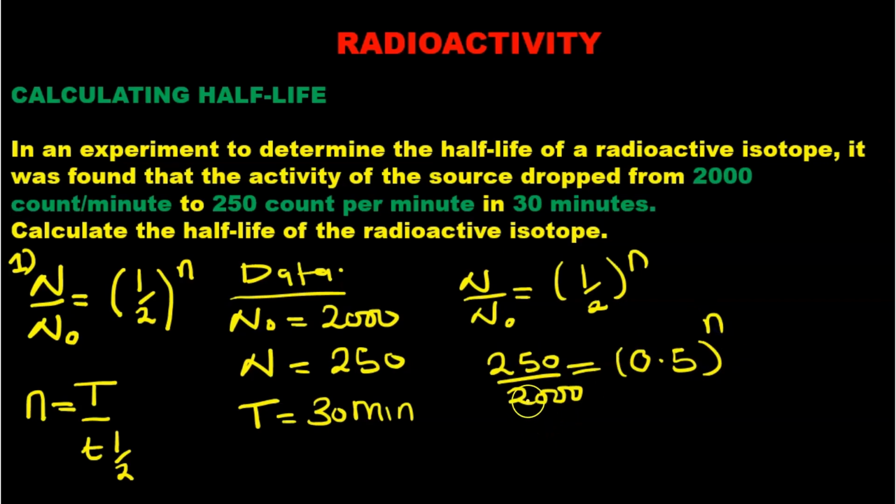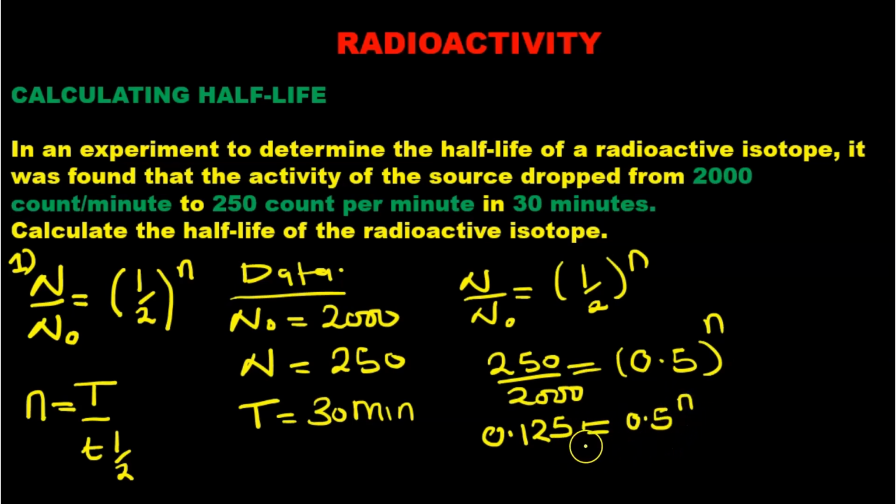If you divide 250 by 2000, you are going to have 0.125, which is equal to 0.5 raised to the power n.